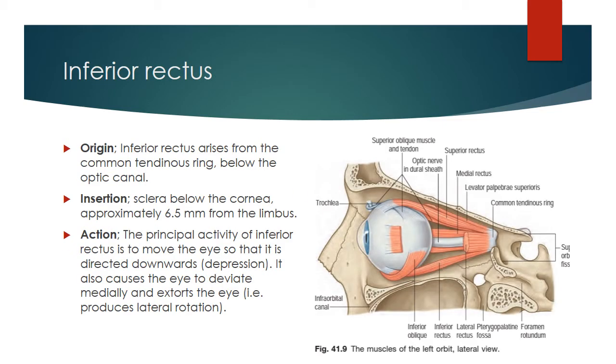Inferior rectus muscle, it takes origin again from the common tendinous ring, and insertion is on the sclera below the cornea, approximately 6.5 mm behind the limbus. Its main action is depression of the eyeball, but it also causes adduction and lateral rotation of the eyeball.